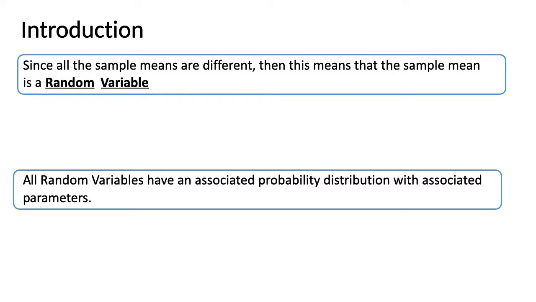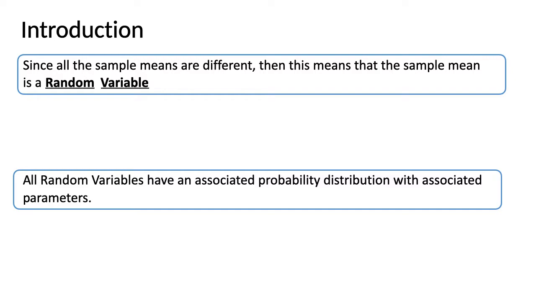And since x bar is a random variable, that means that there is a probability distribution associated with this random variable x bar. And not only is there a probability distribution associated with x bar, but there are also two parameters.